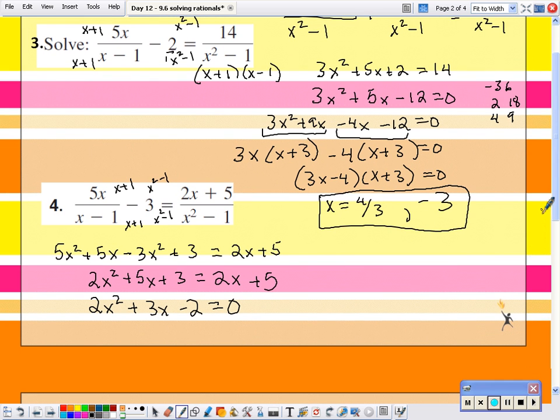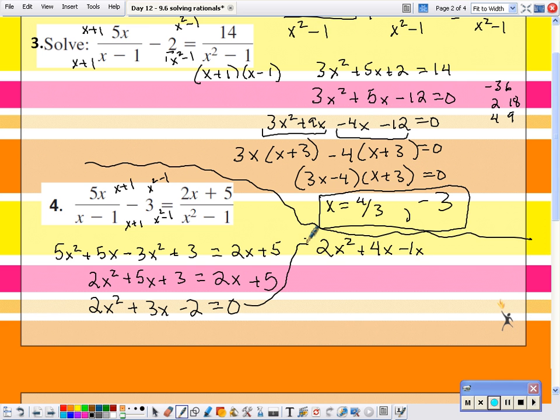Now I'm going to split the middle, but you could obviously guess and check. Plus 2, take out a negative 1.